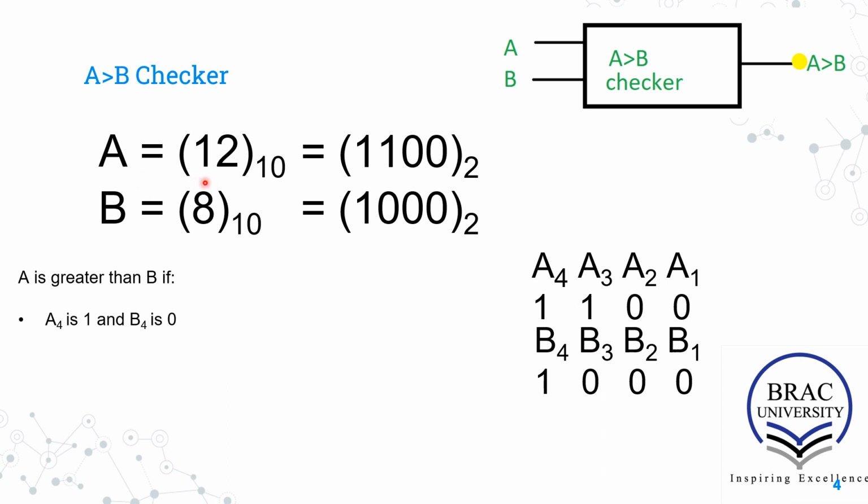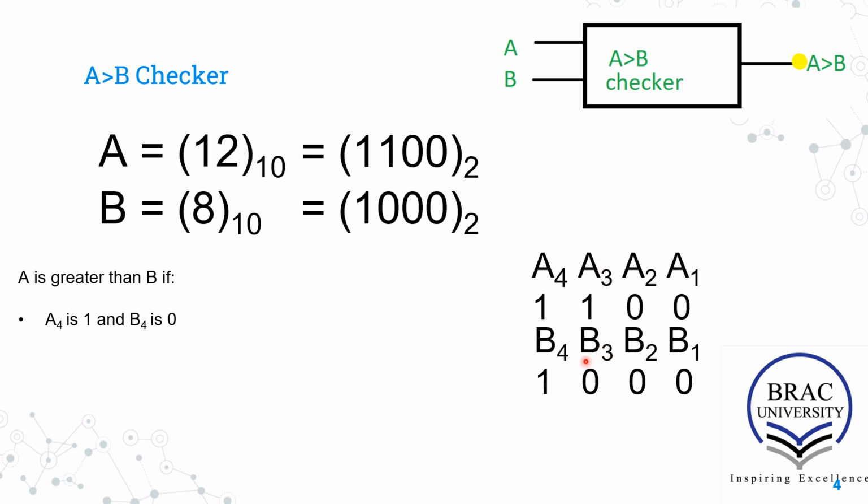So in this example, the value of A is 12 and the value of B is 8. So this is their binary representation. Over here we can see that the bits A4 and B4 do not give us the information whether A is greater than B, because these two bits are equal. So only when A4 and B4 are equal, we will look at A3, B3. Now we see that A3 is 1 and B3 is 0.